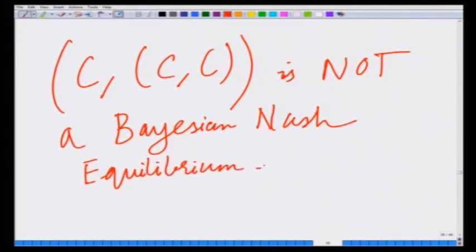That is, the outcome where the boy is choosing C, the girl of type I is choosing C, and the girl of type U is also choosing C is not a Bayesian Nash equilibrium.